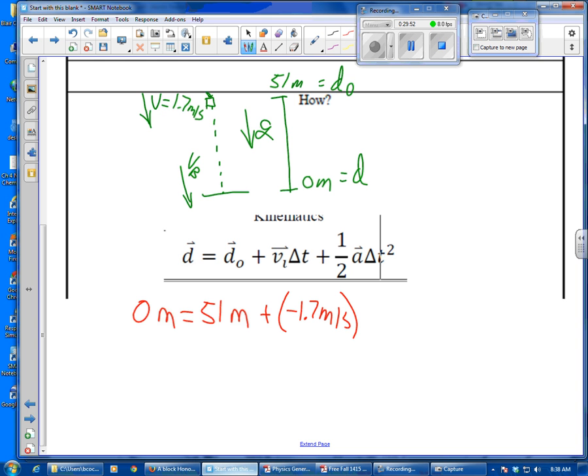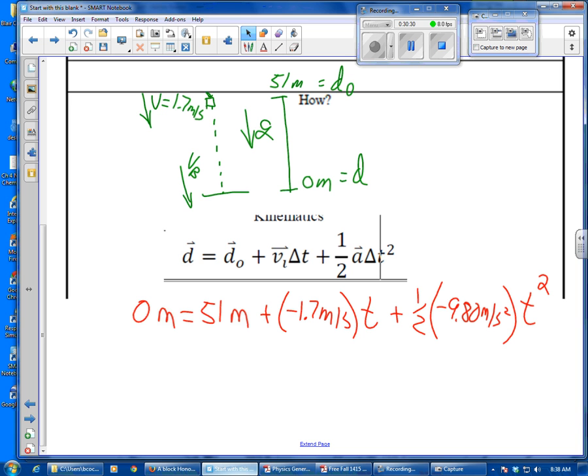I don't know how long this is going to take, plus 1/2 my acceleration downwards, negative 9.80 meters per second squared. And again, I don't know how long it's going to take, so I just have to leave my t in there. Oh, cool, but I only have one variable, so that means one equation, one variable. Can you solve it? Yeah, definitely.